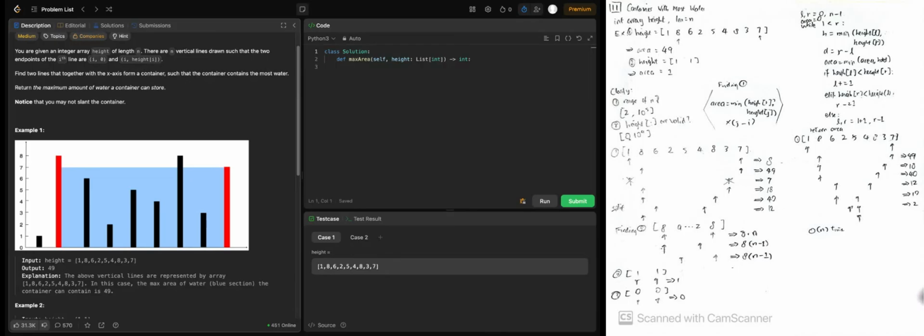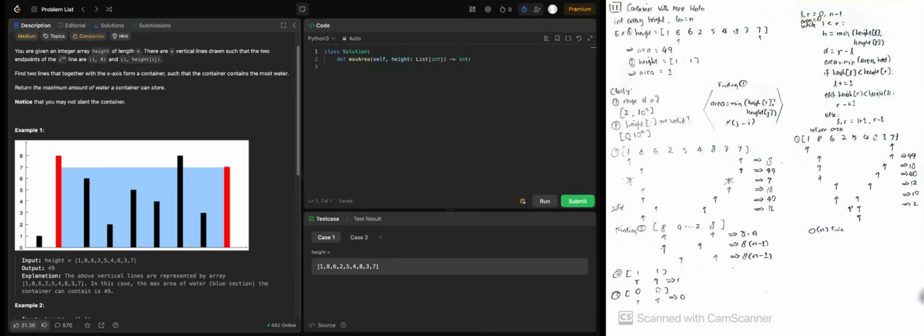How about we have, let's say we have 0, 0. In this case, it would just give us 0. Right? I think there are not much edge cases to think of.